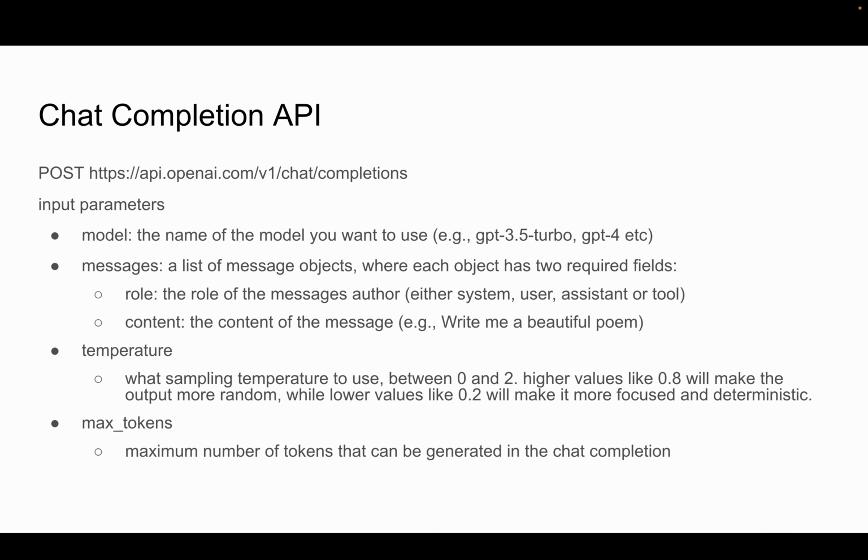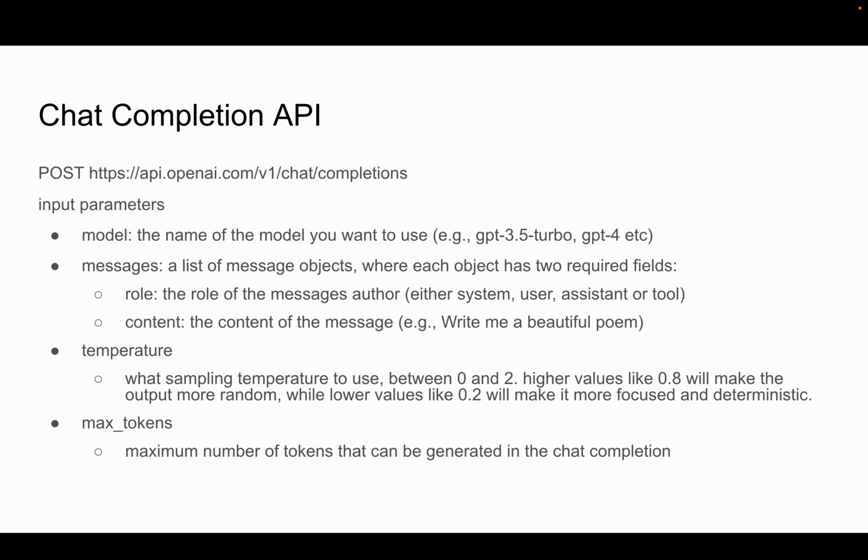And max tokens. As you know, the OpenAI API is charged by tokens. So you can add a limitation on the output tokens to save cost.